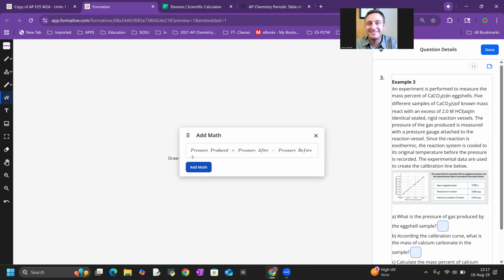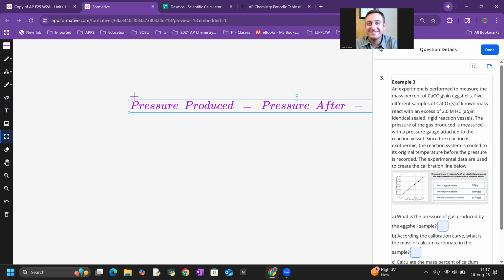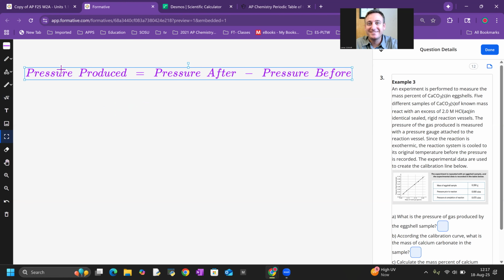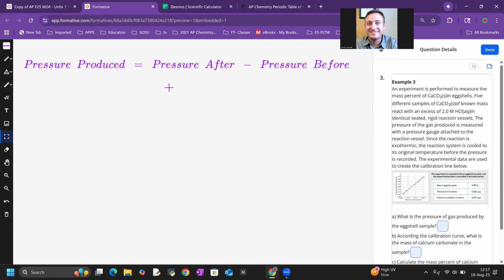And we see that right there. We got that. And so this shows us the pressure produced is equal to pressure after completion, or at completion, minus pressure prior to completion, after and before, right? At completion or after, and prior to or before. And so we just plug in some values there. And so let's do that.